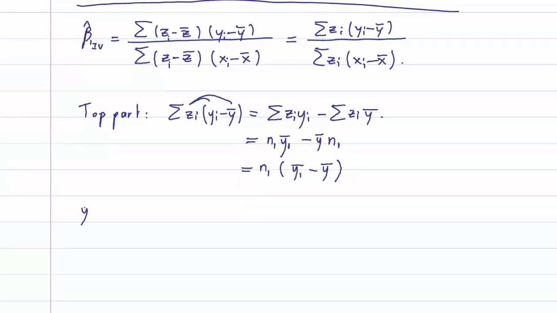I want to decompose y bar. So y bar is just 1 over n times the sum of the yi's. And I want to split it into two groups, so I have 1 over n times the sum of yi for the treatment group, so for the i's such that zi equals 1, plus the sum of the yi's for the group where z equals 0.